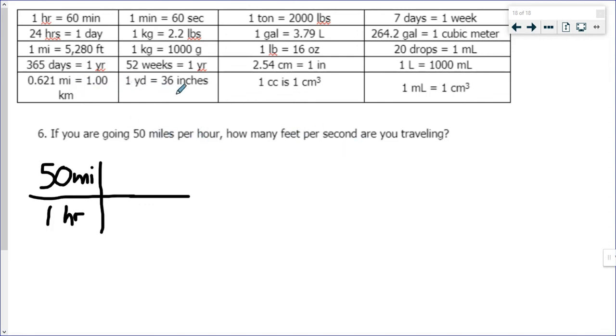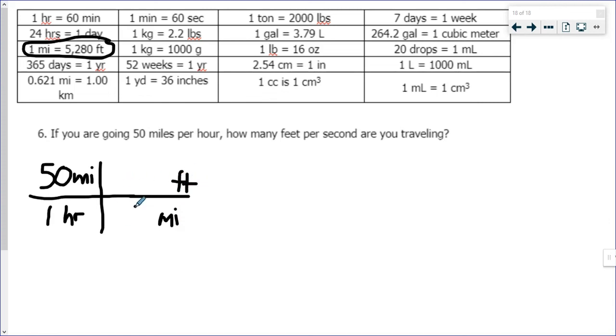So we want to try to find conversion factors up here that would work with that. Right here, here's our conversion factor for miles and feet. So I'm going to get rid of miles. I'm going to put miles down here, and I'm going to put feet up here.